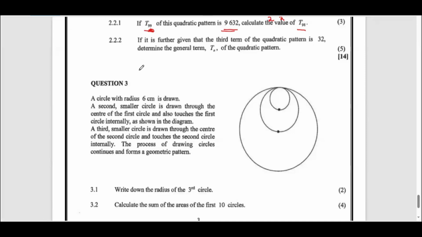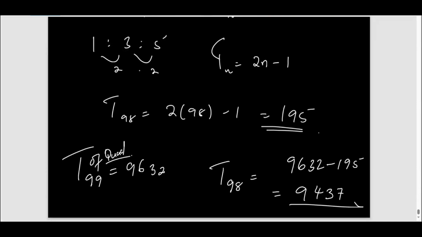Then 2.2.2, if it's further given that the third term of the quadratic is 32, can we determine the general term? They want us to determine the general term. Okay, so we have 1, 3, and 5.